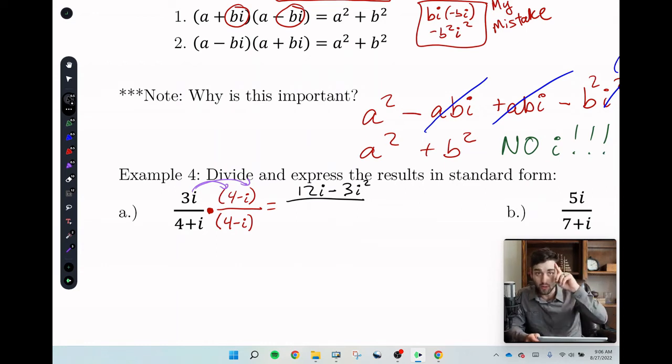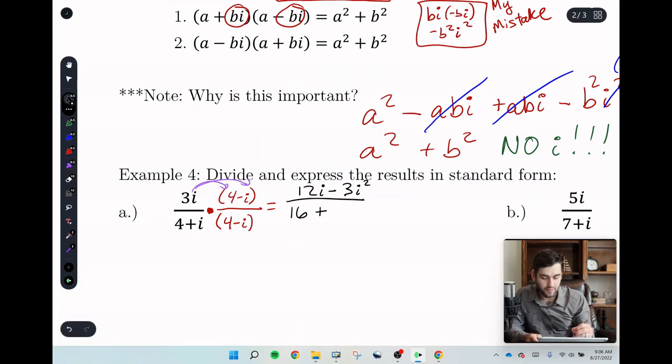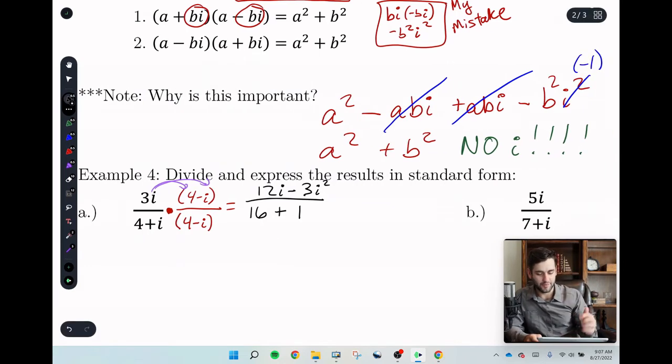Or we could know the middle terms are going to cancel. I'm going to be left with 16, right? Because 4 times 4 is 16. And then I'm going to be left with plus b squared, which is i squared, so plus 1 squared, which is just 1, right? If you don't see how I got that, I know that went fast, I'll do it right next to it.